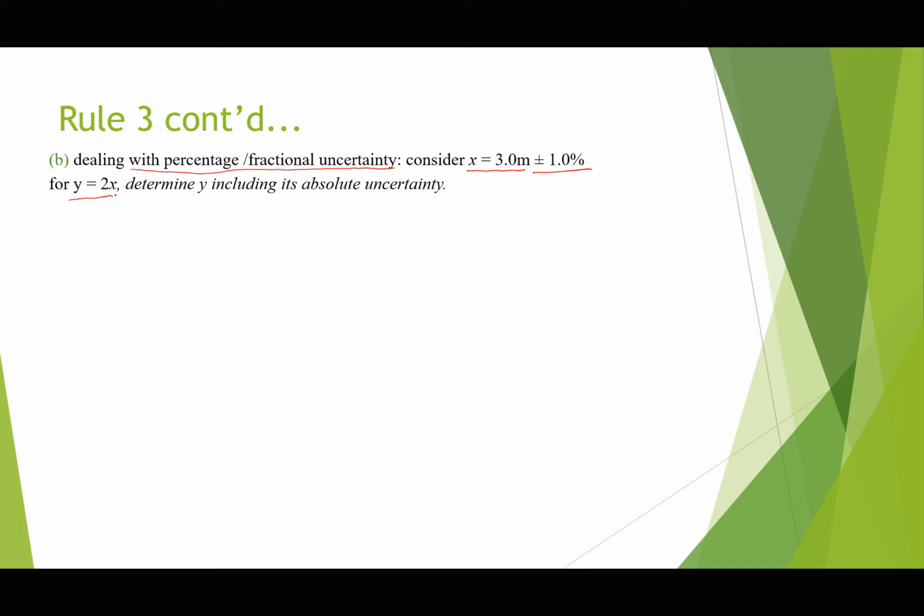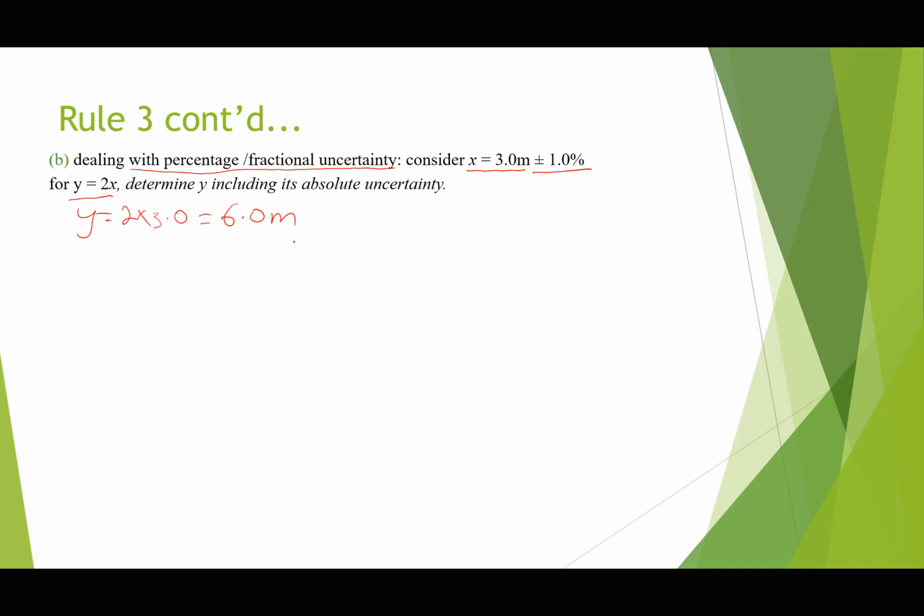So in this case, the true value of y still remains the same. So we shall say that y is equal to 2 times 3.0, which still gives you 6.0 meters. That is y. But then the percentage uncertainty or the fractional uncertainty is not going to be multiplied by a constant.